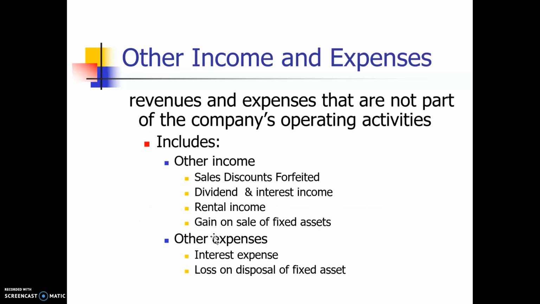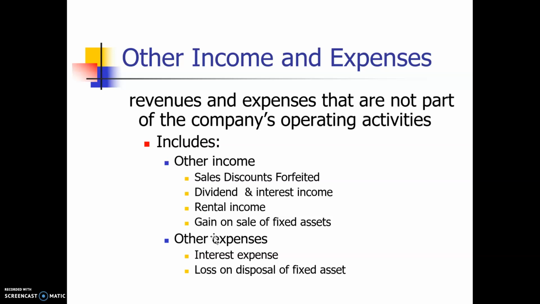For the most part, your other revenue and expenses are going to be your investment type revenue and expenses. So dividend and interest income, and rental income, if you had some rental property that was outside of your operations, that rental income would be shown there. Interest expense would be another expense.